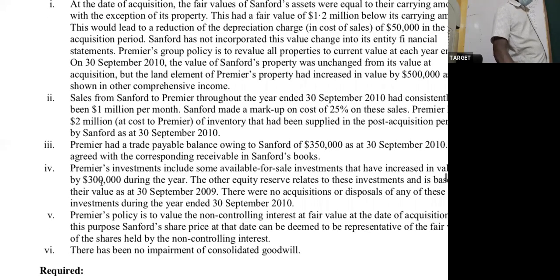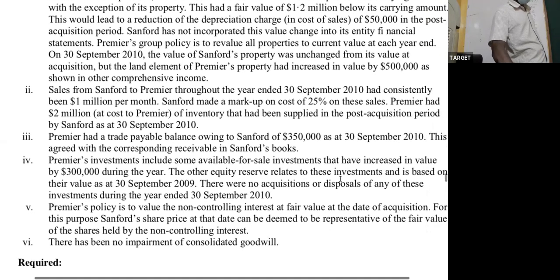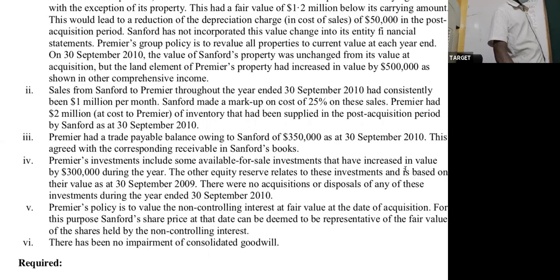Previous investment includes some available for sale investments that have increased in value by 300,000 during the year. Available for sale, financial asset held for sale.